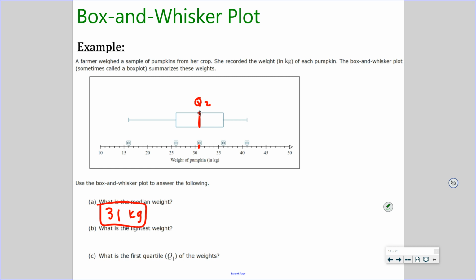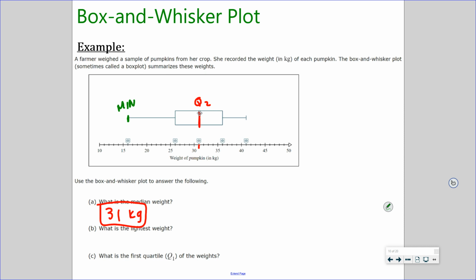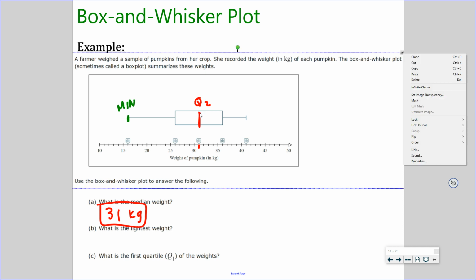Good. What is the, let's say lightest, so the highest. What is the lightest weight? 16. It is 16. So I've got to look on my whiskers. This is my min over here. Look down here. 16 is correct.